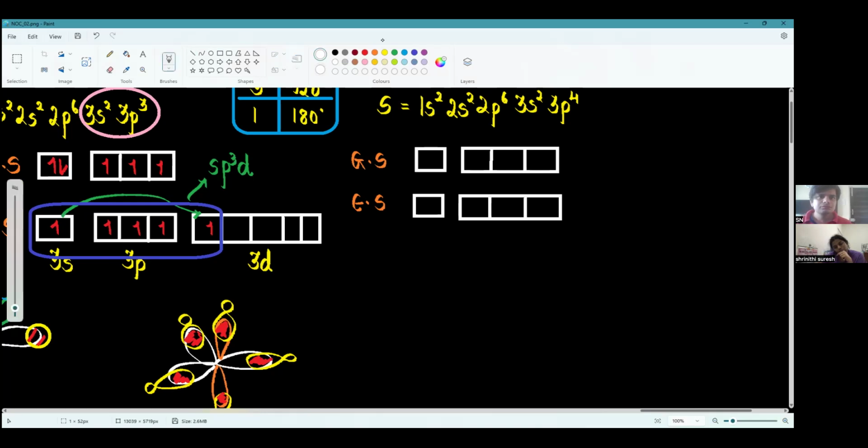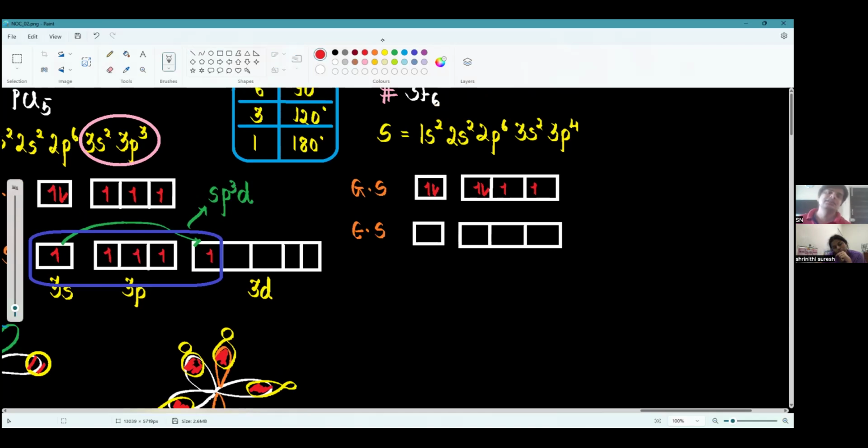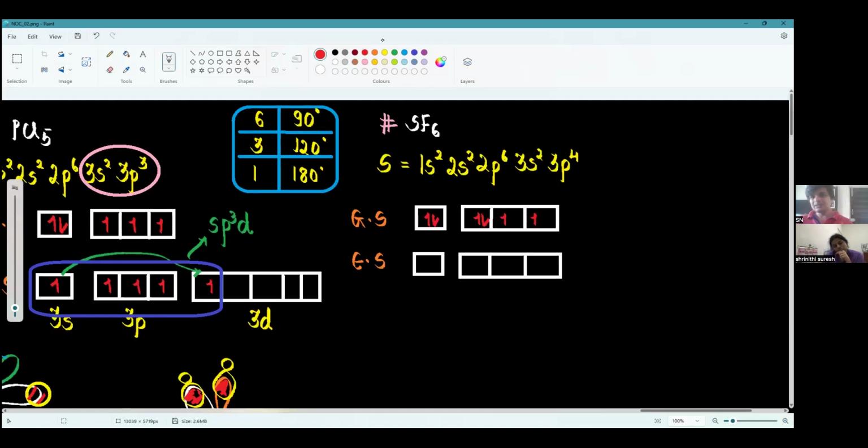So we'll have 3s2 and 3p4. There are only two electrons which are unpaired, but sulfur is making six bonds. So obviously there is a need for excitation of electrons.